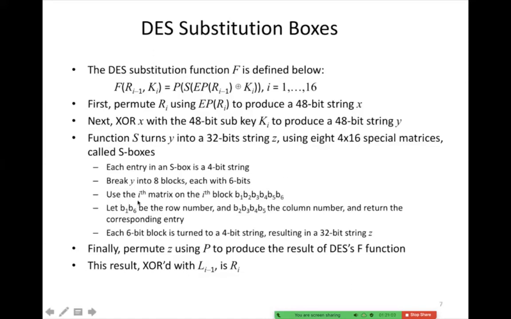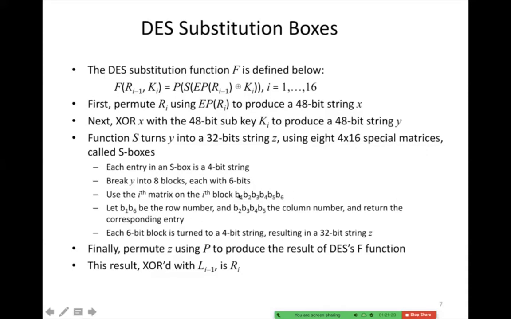Now let's say the i-th block, we write that 6-bit block as B sub 1 up to B sub 6. How do we apply it? Some of these bits, 2 bits, will be a row number, and the other 4 bits will be a column number.